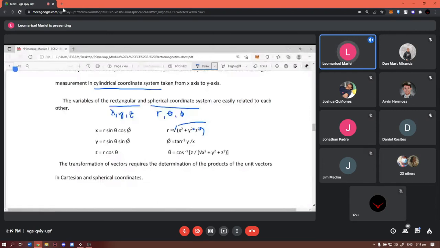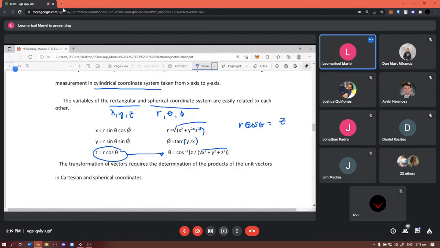Then, the theta is arc cosine z over r. So actually, dito lang galing yan. Kung papansin mo yan, ito din yan. So kung kukunin mo yan, r cosine theta is equals to z.